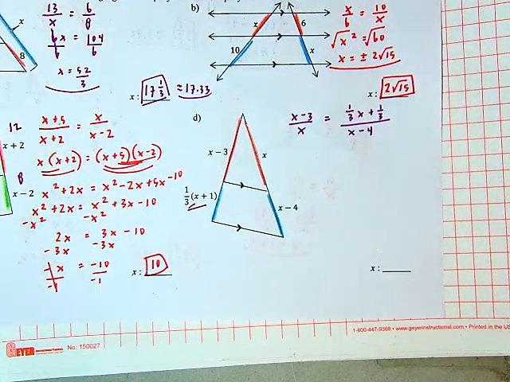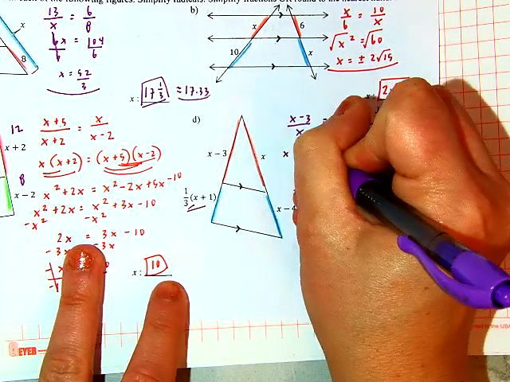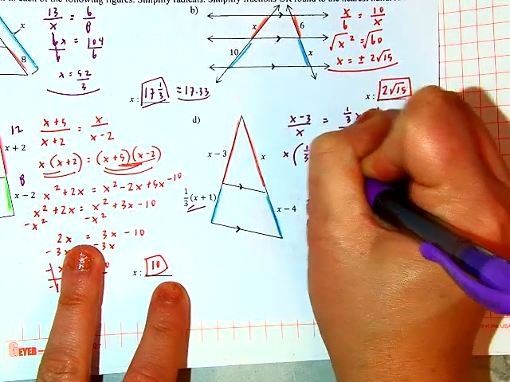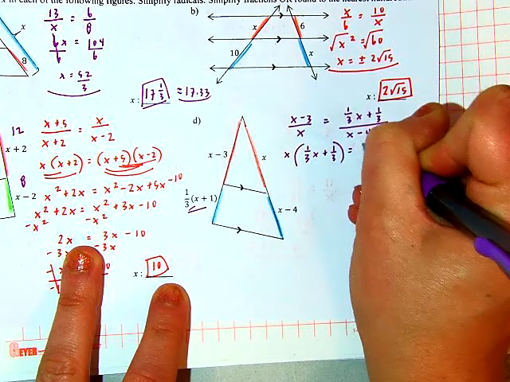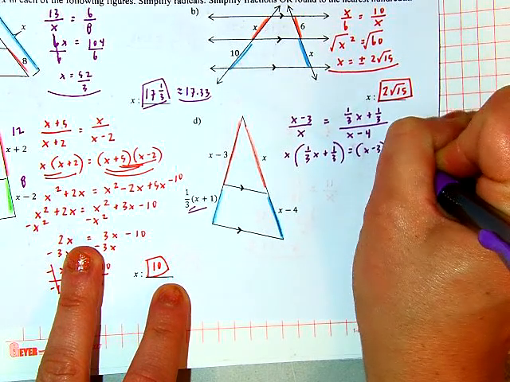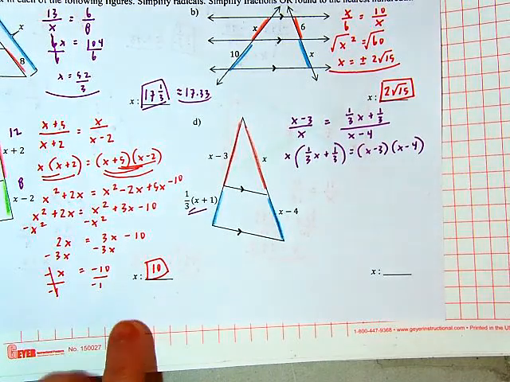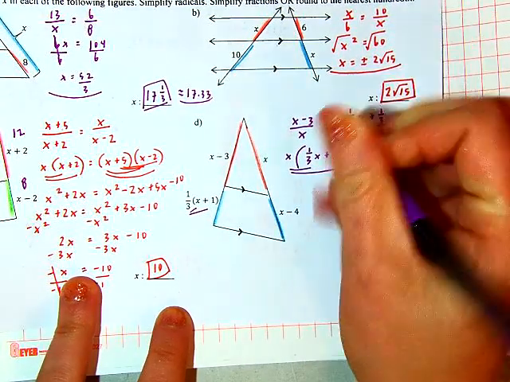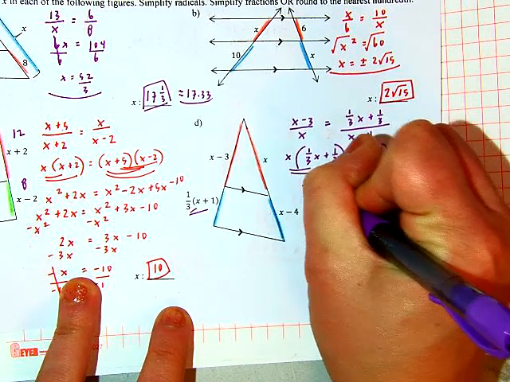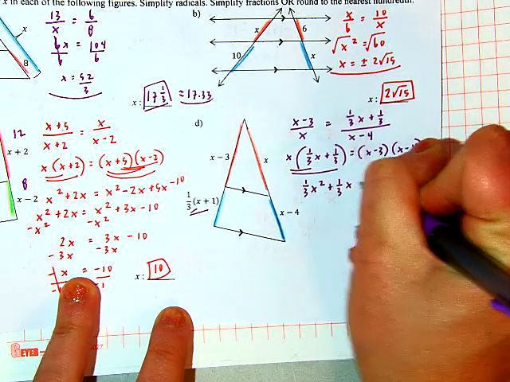Okay, so now I can cross multiply. I have x times 1/3 of x plus 1/3 equals x minus 3 times x minus 4. All right, so I need to distribute the x right here over both of those items. So I have a third of x squared plus a third of x.